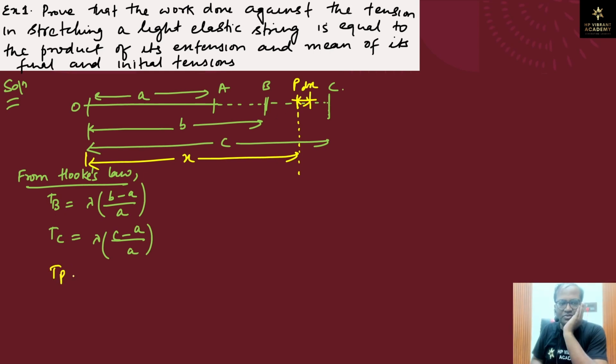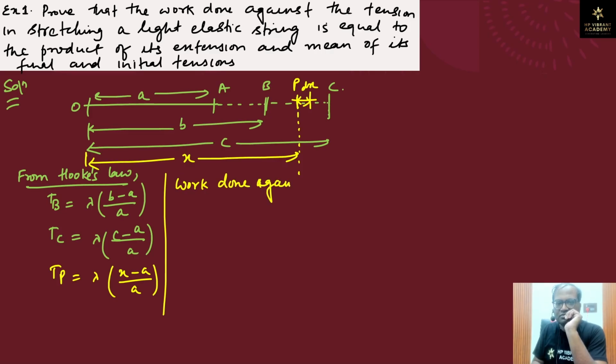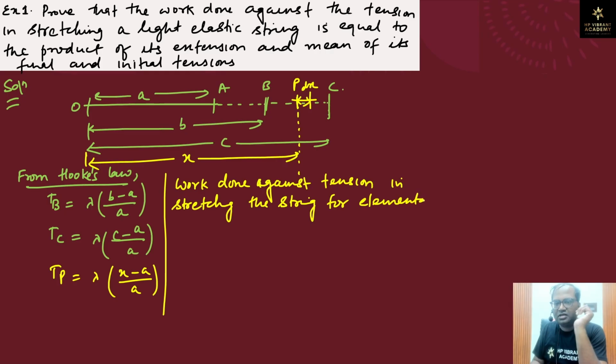So the tension at point P is equal to lambda into x minus natural length upon A. What will be the work done against tension in stretching the string for the elemental distance dx?